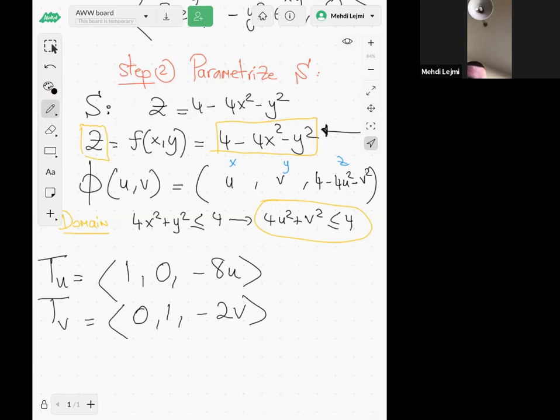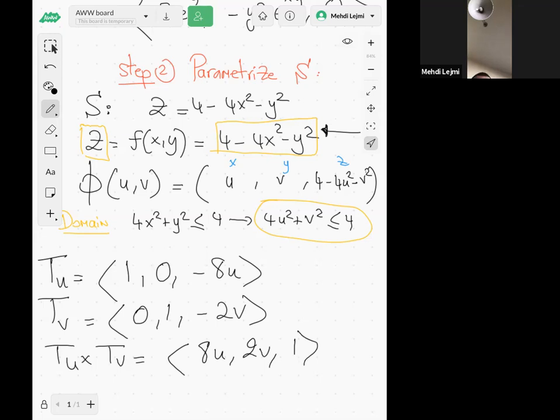Now t_u cross t_v is going to be 8u, 2v, and then 1.